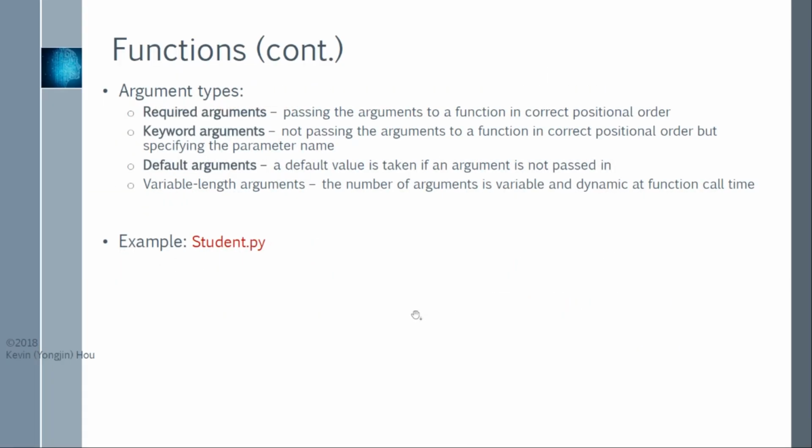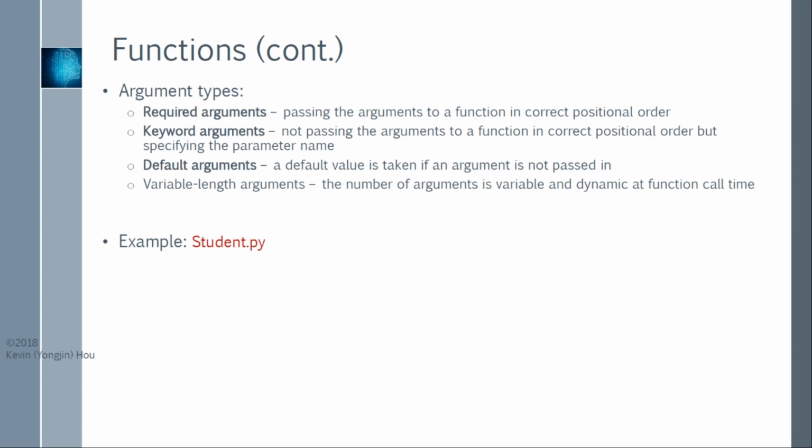Next, let's move on to the second topic, argument types. In Python, the arguments can take different forms. One way is to pass the arguments in the function caller in the same order as the definitions of the arguments of the function itself, passing everything in order.